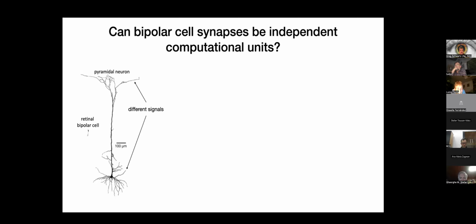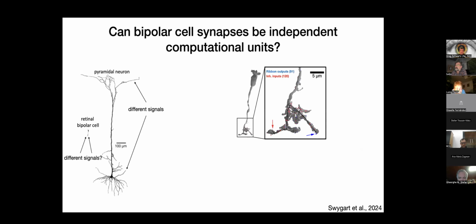Here's a retinal bipolar cell to scale. When I'm talking about computational subunits, I'm talking about different signals there. It's a very different size. The actual axon terminals of these cells are 15 or 20 microns in diameter.